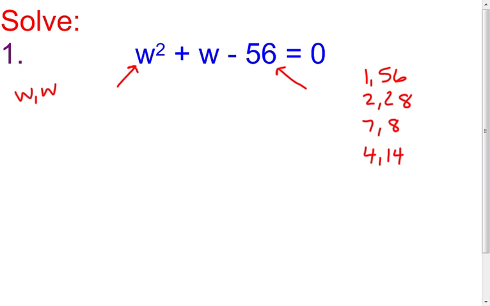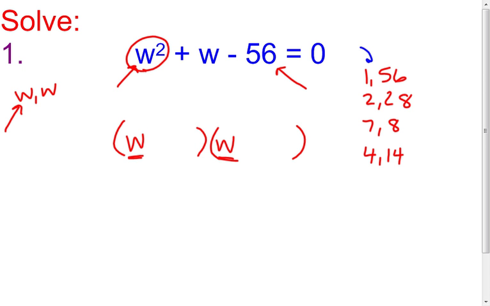Alright, so what you're going to do is make yourself 2 parentheses. And the 2 front terms have to multiply to make this right here. And we already know, we listed that right there, that w times w is the only way to get w squared. Now my 2 back numbers, which are these over here, have to multiply together to make 56.